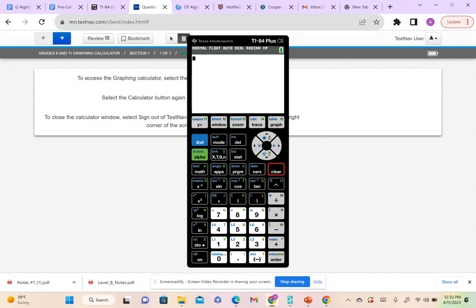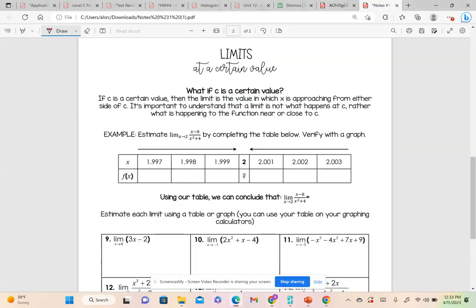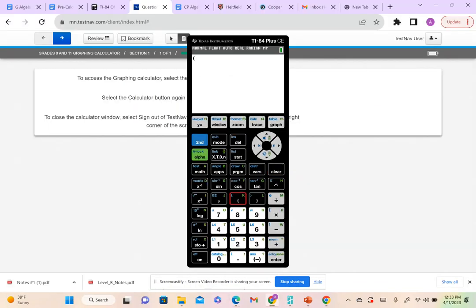Now, what we're going to do is plug in our numbers. So what we're using here is 1.997 for x, yes? Wherever there's an x in my original function, I'm going to put 1.997. So here's what it will look like. I will do parentheses, 1.997 minus 8, right?